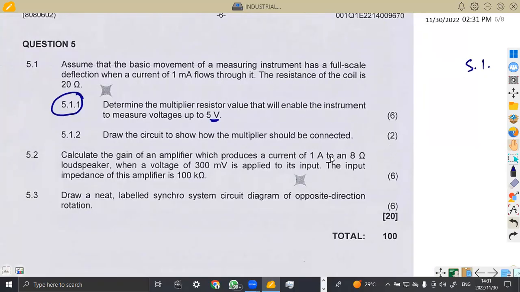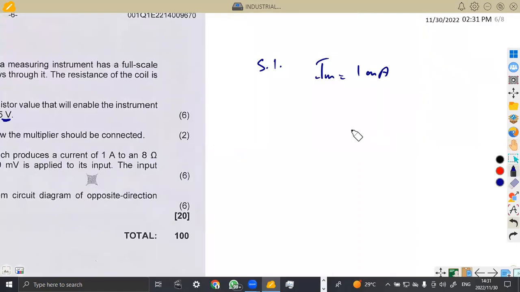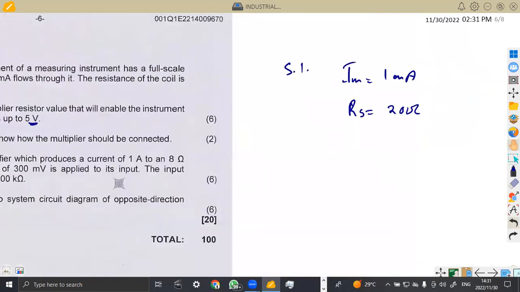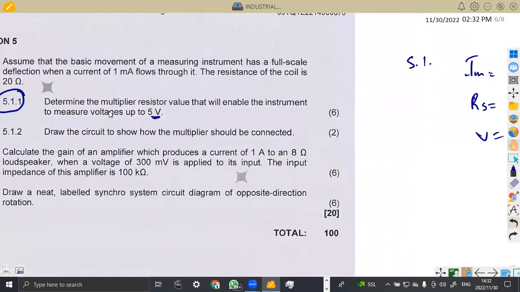If it is a multiplier, that's a series circuit that we are talking about. So we've got RS, which is 20 ohms. And the voltage is up to 5 volts. So the question is for you to determine the multiplier resistor, which is RM.